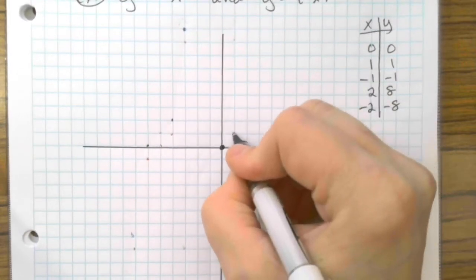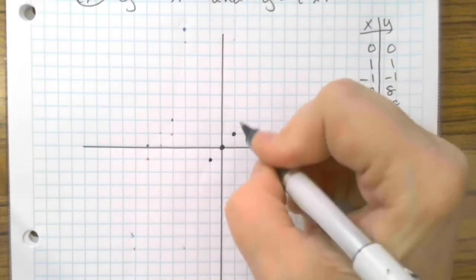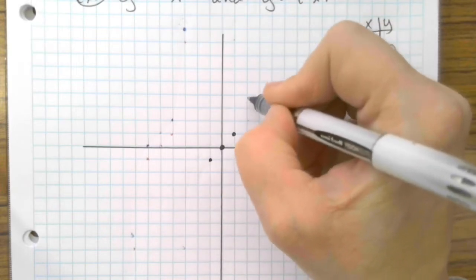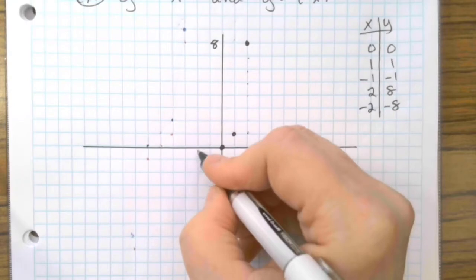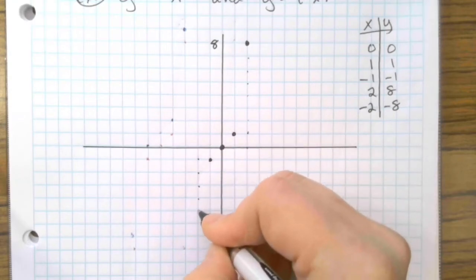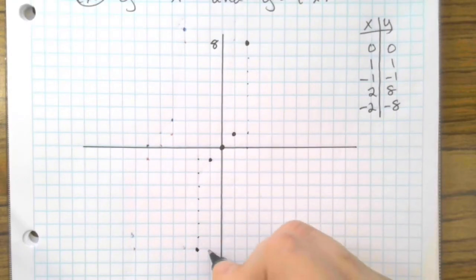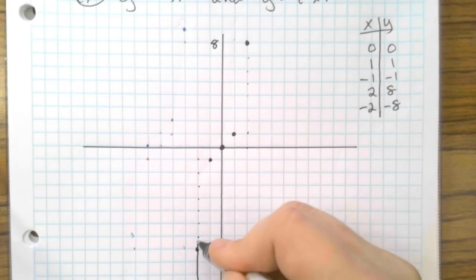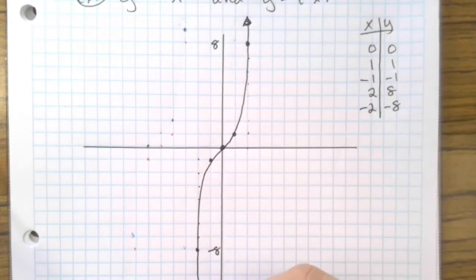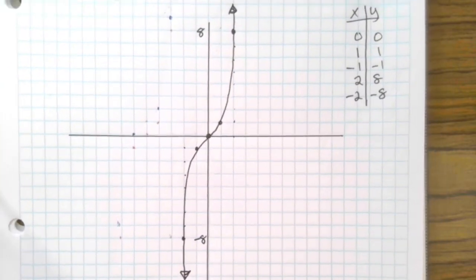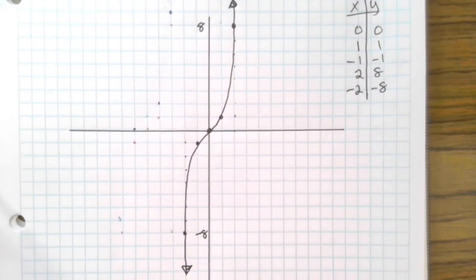Here is our base graph. Don't forget the arrowheads. Graph's bigger than a Post-it.